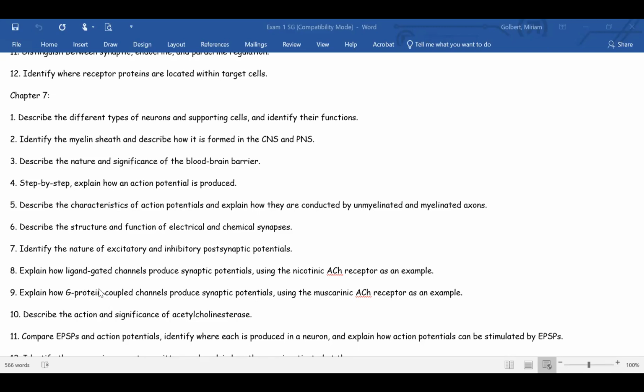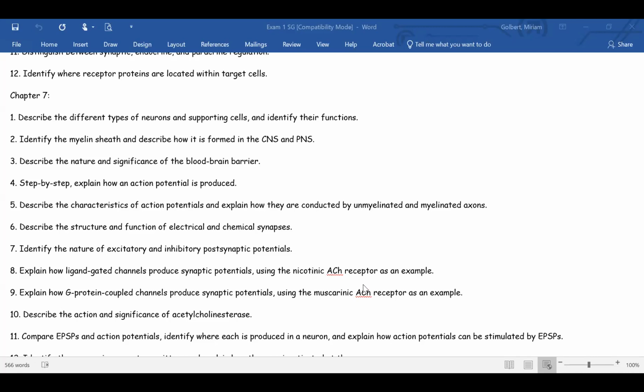But we also have the other kind, which is called G protein linked or G protein coupled, right? The example that we used was acetylcholine, where it attaches to the G-linked receptor, and then the beta gamma subunit detaches from it, right?